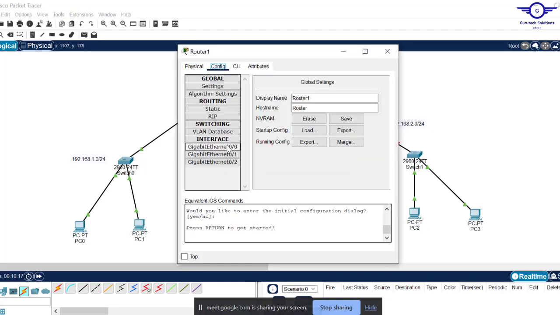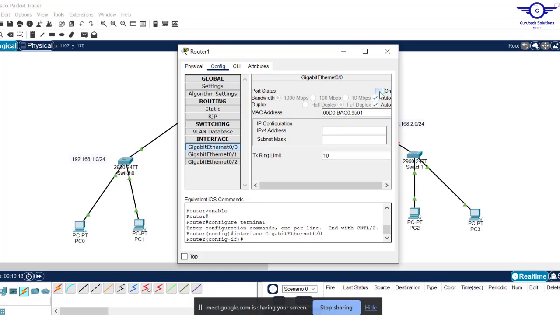So I go there and go to gig 0/0, turn it on first, then 10.10.10.2. And the subnet mask, because it's /30 notation, will be 255.255.255.252. And we go to gig 0/1, which should be 192.168.2.1.